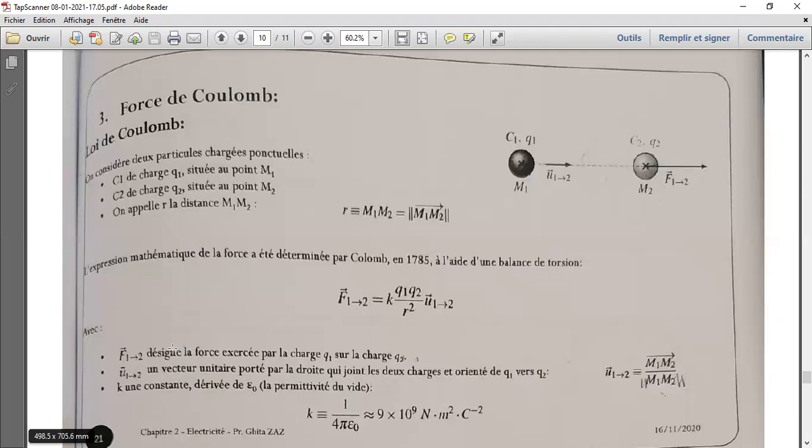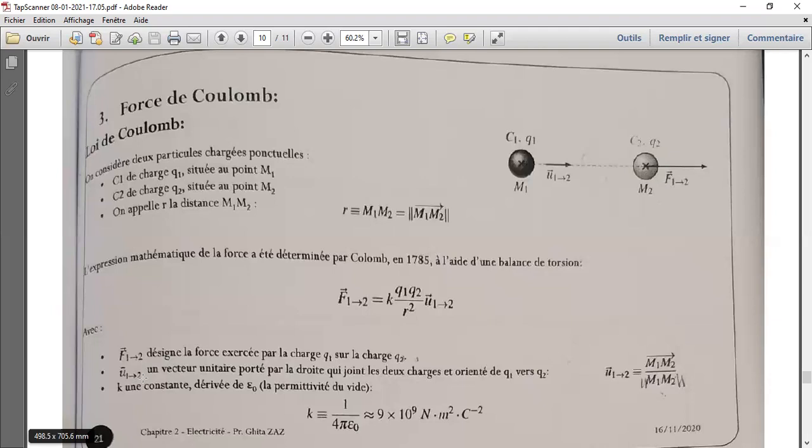So when you see force 1 to 2, you know that it is the particle Q1 which is exerting a force on Q2, which is the one on which the force is being caused. So you are moving from 1 to 2. Then when you see vector U, 1 to 2, it is just showing the direction where the force is being exerted to.